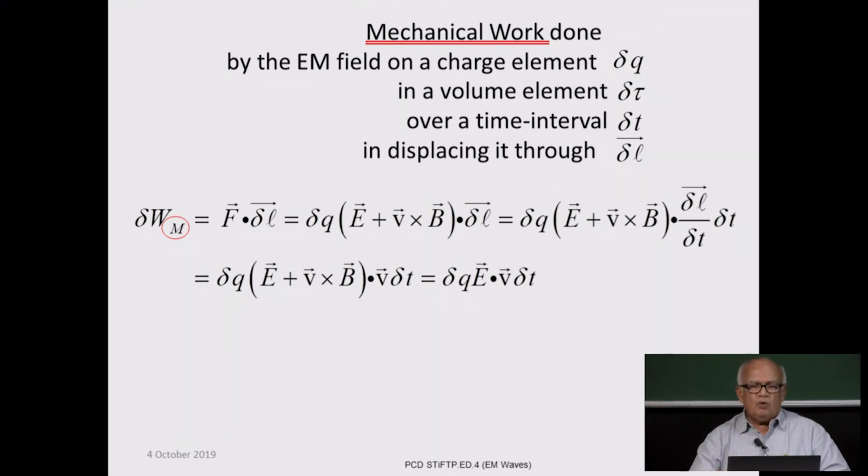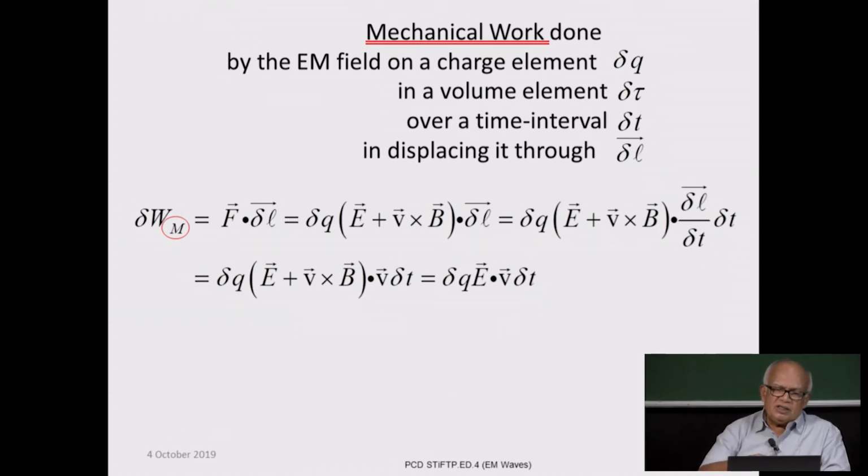So, it is delta q into (E plus V cross B), and then dotted with the displacement, which will give the work done, right. This is the total mechanical work done. Okay. So, we were thinking of mechanics and electromagnetic phenomena as completely different things, but now you are actually determining the mechanical work done by electromagnetic energy.